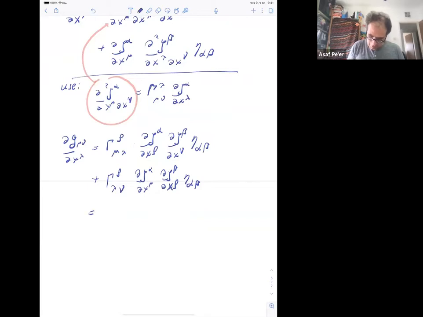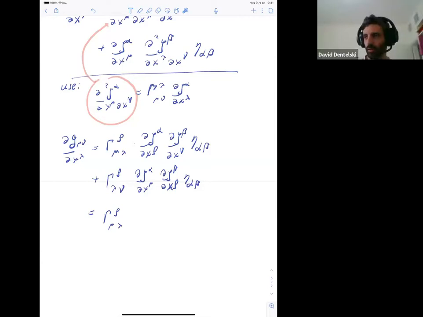But again, what is written here? Gamma rho mu lambda. And what is written here? d psi alpha over dx rho, d psi beta over dx nu, eta alpha beta. What is that? Transformation between the coordinates? No. What is that?